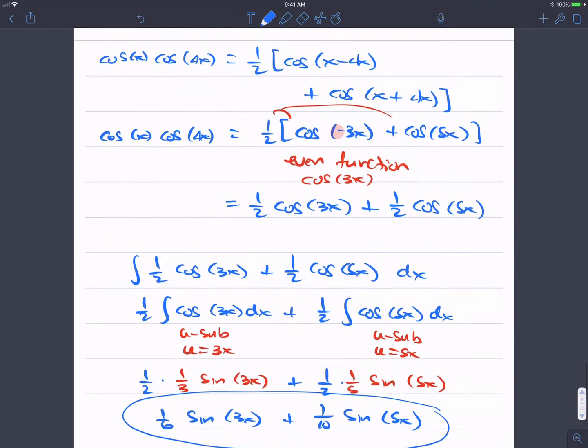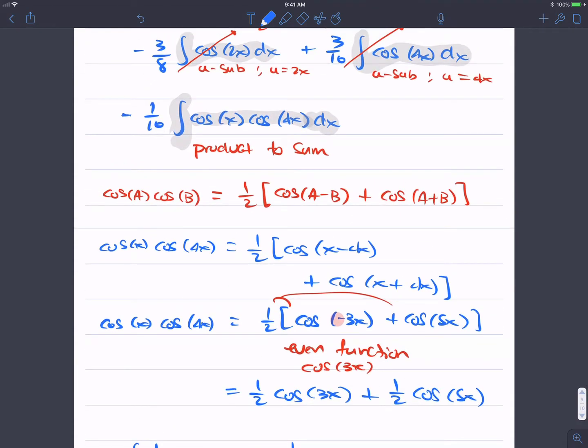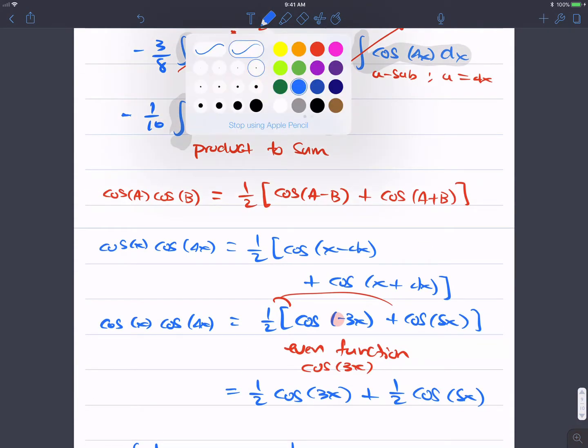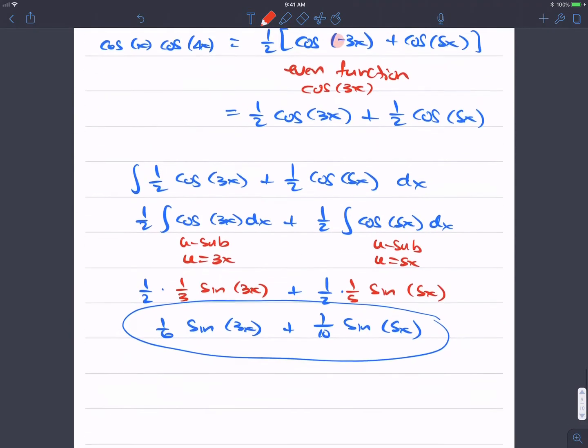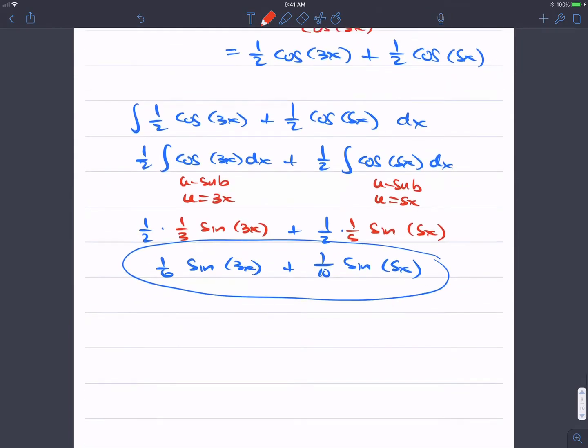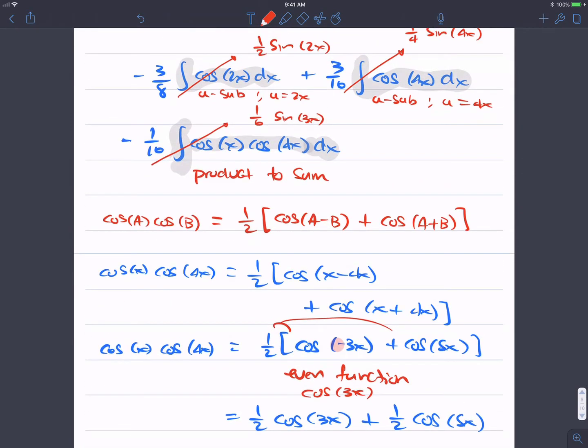So 1/6 sine 3x, let's go back, plus 1/10 sine 5x.